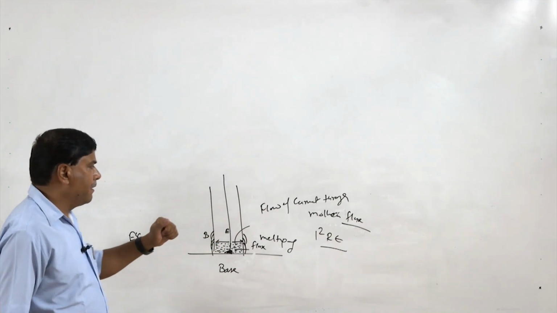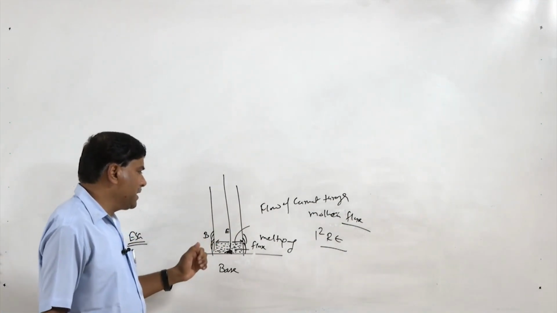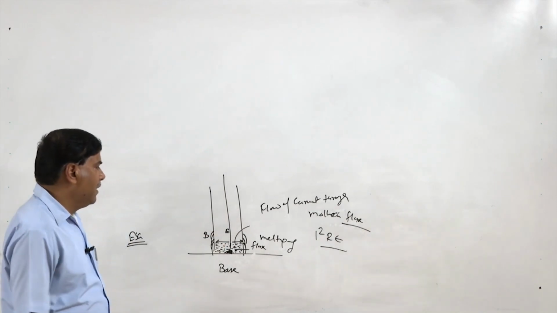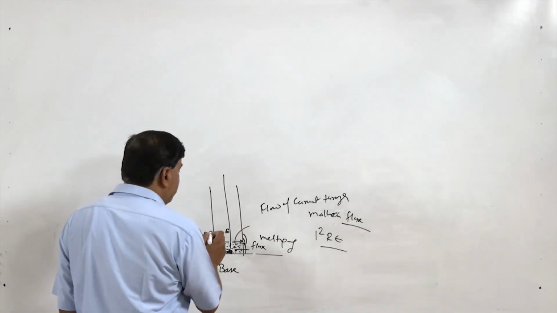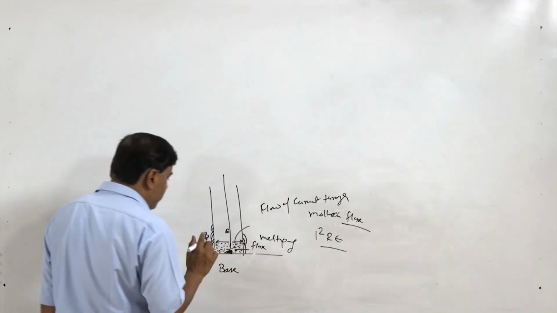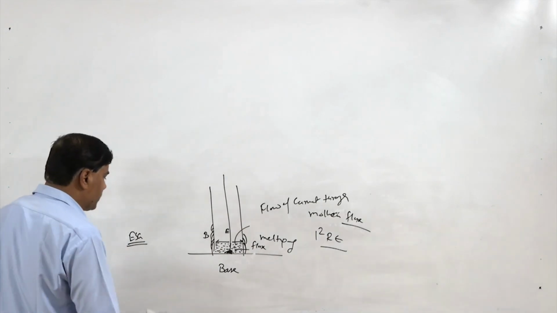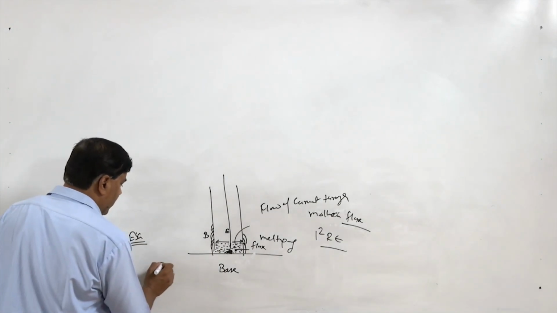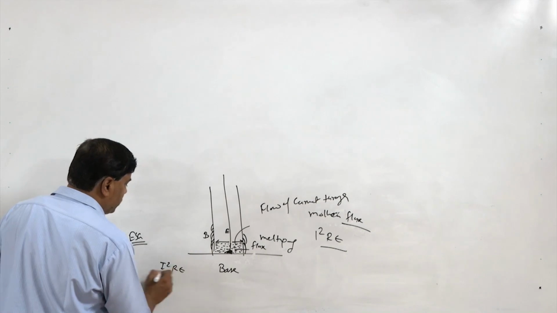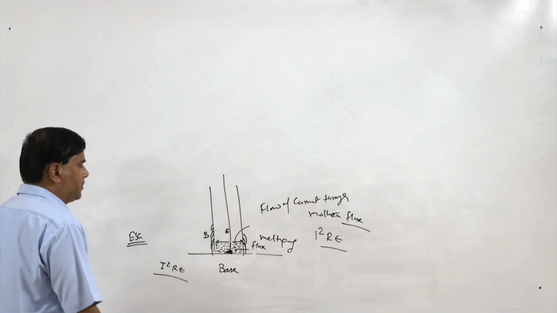So, here once a sufficient pool of molten slag is created, the flow of current through the molten slag, the molten flux, by electrical resistance heating generates heat, and that heat is used for the melting of the faying surfaces of the base metal. So, basically the fusion of the faying surfaces of the base metal is achieved through the I square R T heating due to the flow of current through the molten flux, not due to the arc.